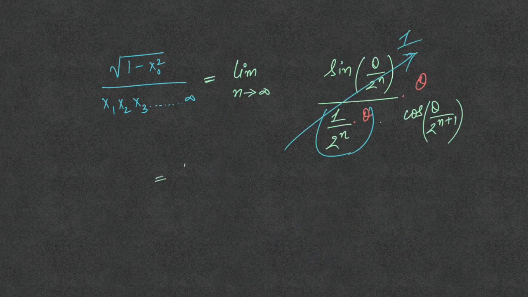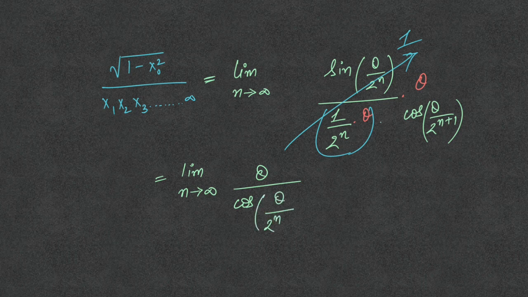So we get only limit n tends to infinity theta upon cos of theta upon 2 raised to power n plus 1. As n tends to infinity, cos will tend towards 1, because for n tends to infinity, this becomes cos 0, and which eventually becomes 1. So we have the value of the limit is theta.